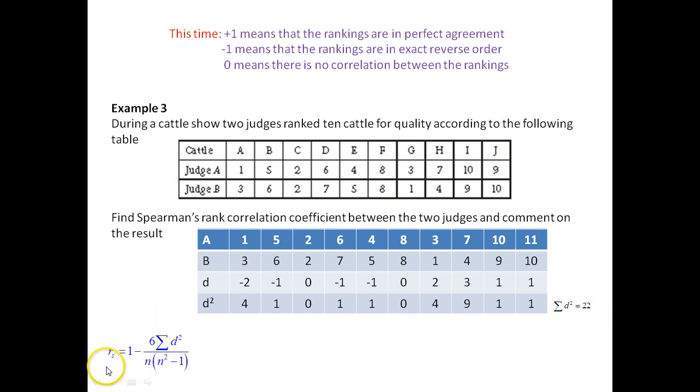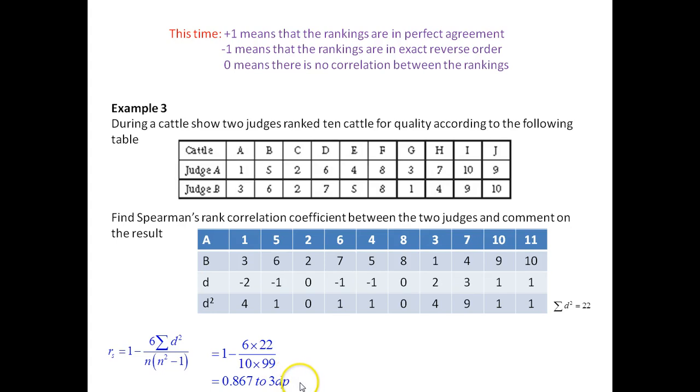Therefore, using Spearman's rank correlation coefficient, rs, we have 1 minus 6 times the sum of the d squareds over n times n squared minus 1. So we have 1 minus 6 times 22. There's 10 in n, multiplied by 10 squared minus 1, which is 99.